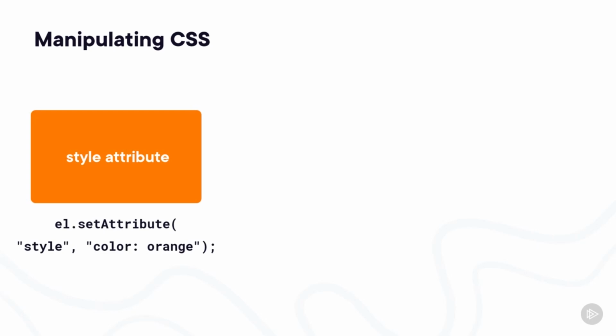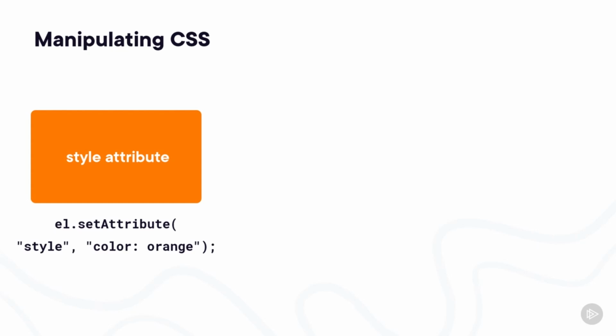Apart from changing the text content of an element, we could also change the layout by changing the CSS. And there are different options, and I'd like to show you which they are and what to use when, what the differences are. The first thing that probably comes to mind is setting the style attribute, because we've already encountered the setAttribute method.